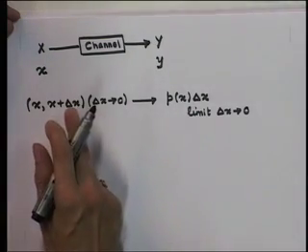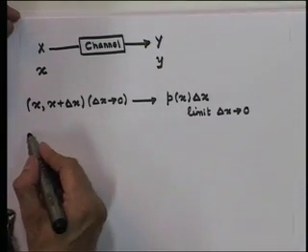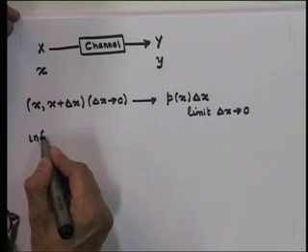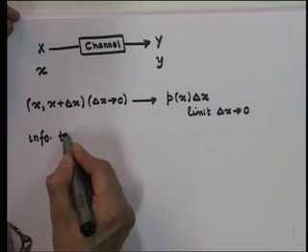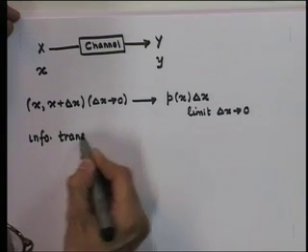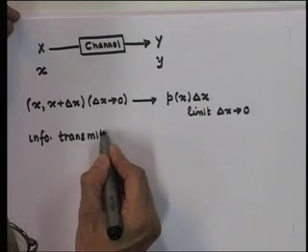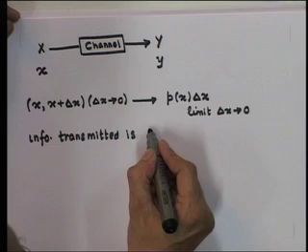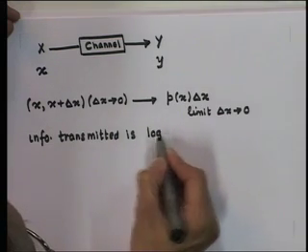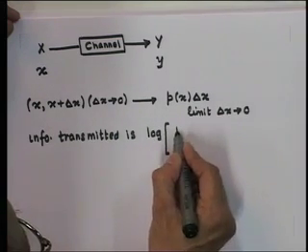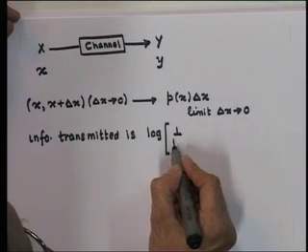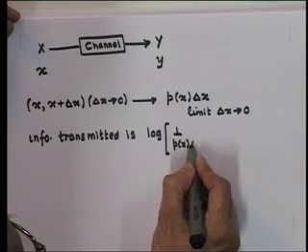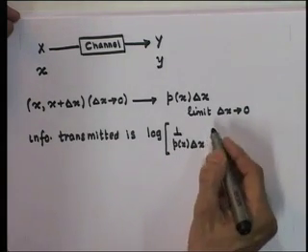Hence, the amount of information transmitted is given by log of 1 by p(x) delta x.